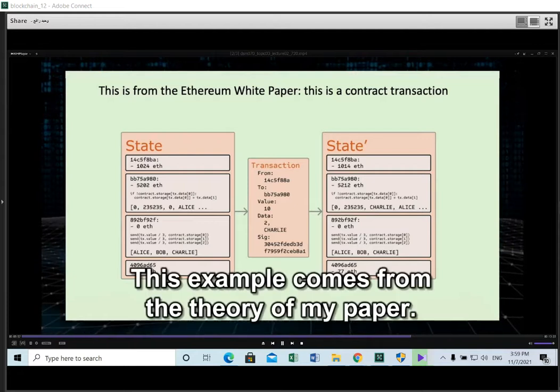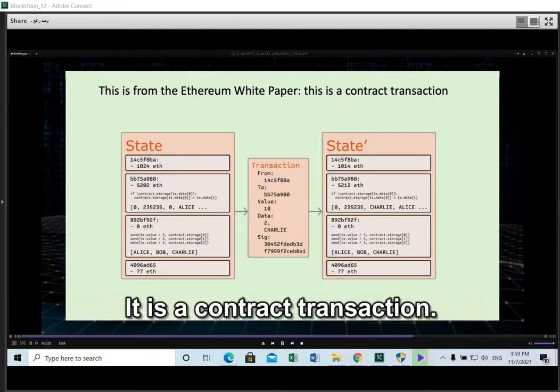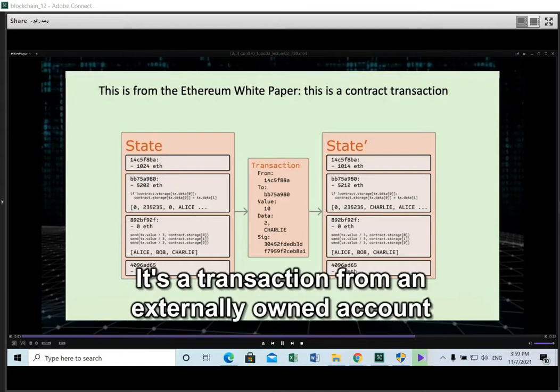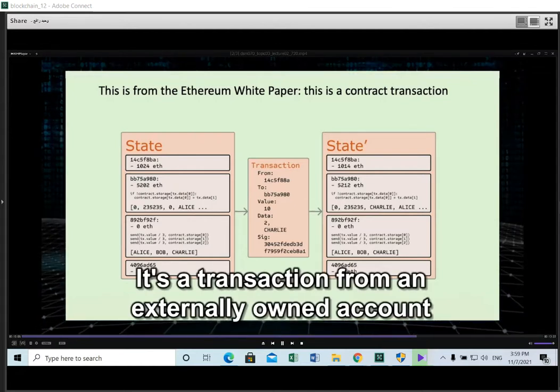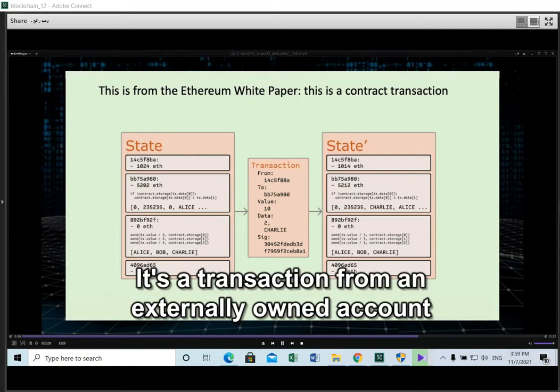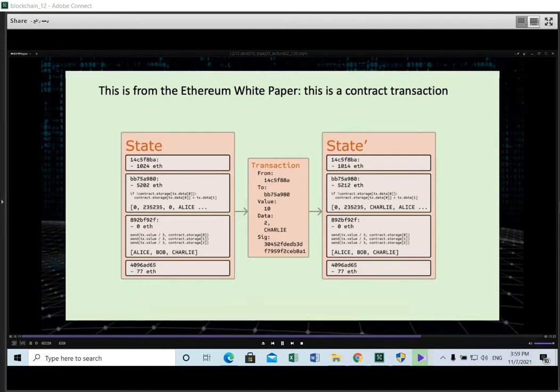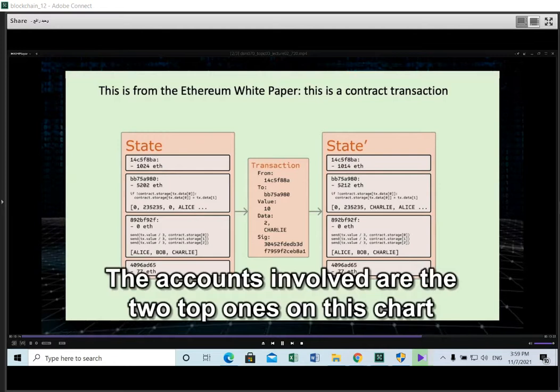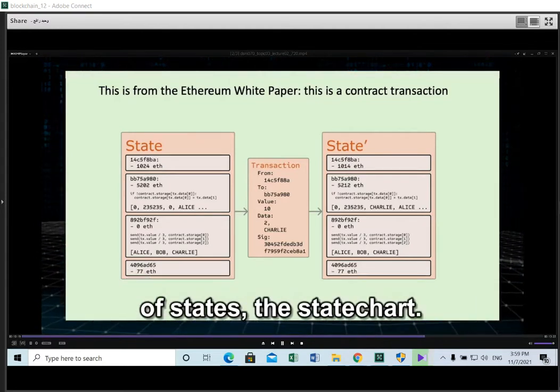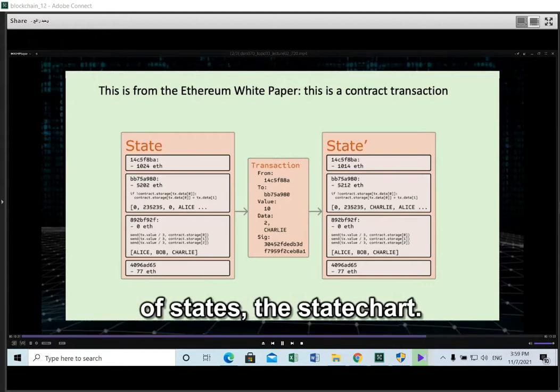This example comes from the Ethereum white paper. It is a contract transaction. It's a transaction from an externally owned account to a contract account, and the accounts involved are the 2 top ones on this state chart.